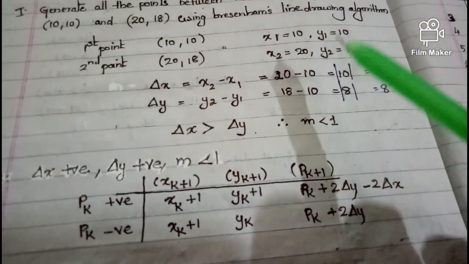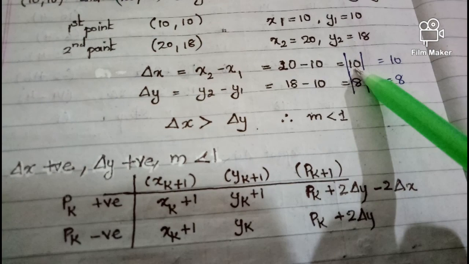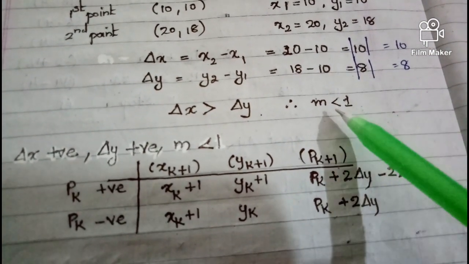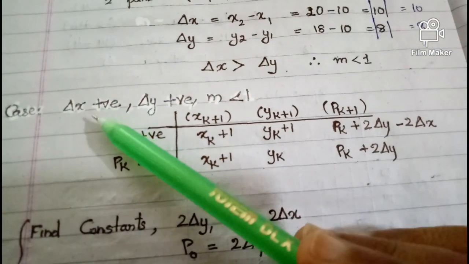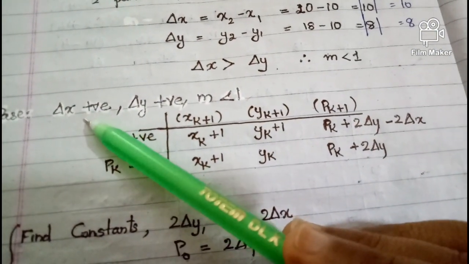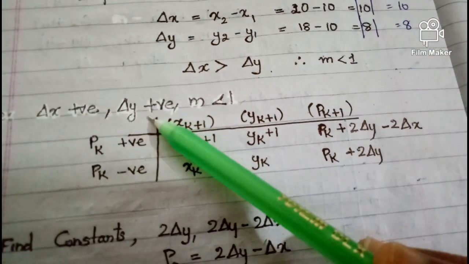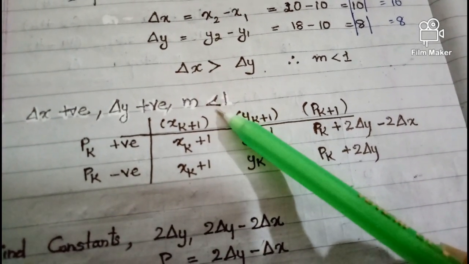This is a case where delta x is positive, delta y is also positive, and you are going to take slope m less than 1. So write these three values. We have identified that here delta x is positive, delta y is positive, and we are talking about a case where slope m is less than 1.